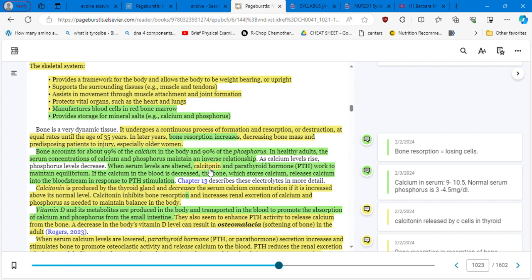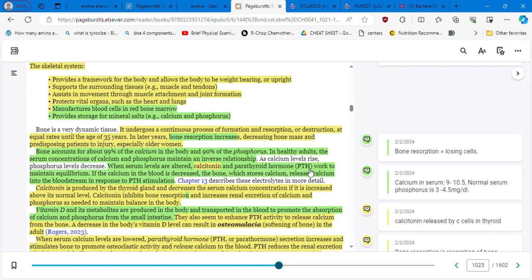Calcitonin is going to decrease abnormally high levels of calcium. Parathyroid, PTH, for me is "put that thing up," meaning increase the calcium.